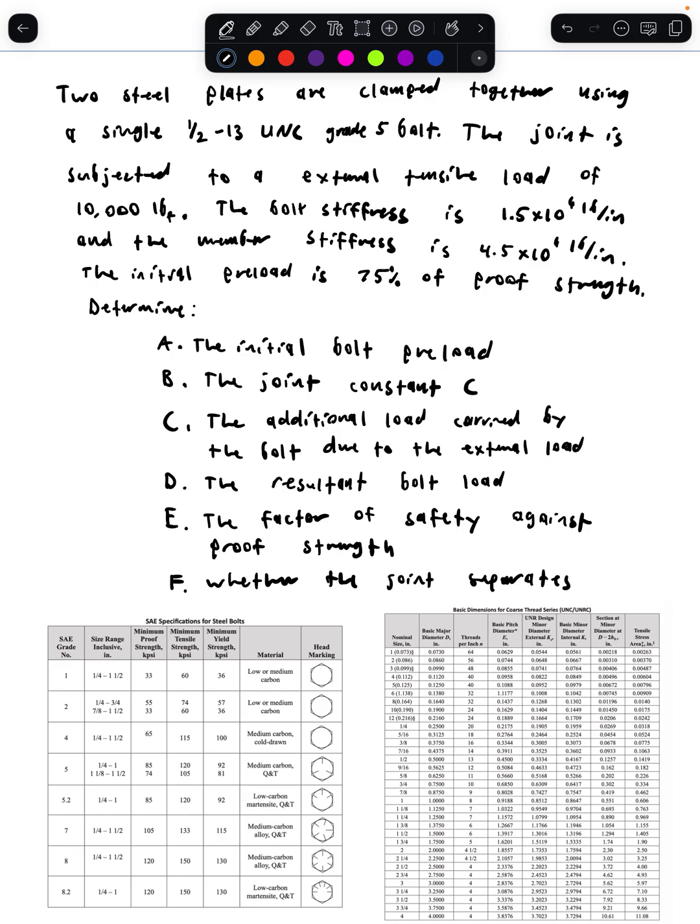The initial preload is 75% of proof strength, and we're asked to determine the initial bolt preload, the joint constant C, the additional load carried by the bolt due to the external load, the resultant bolt load, the factor of safety against proof strength, and whether the joint separates.